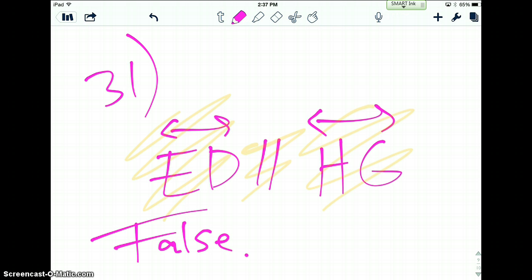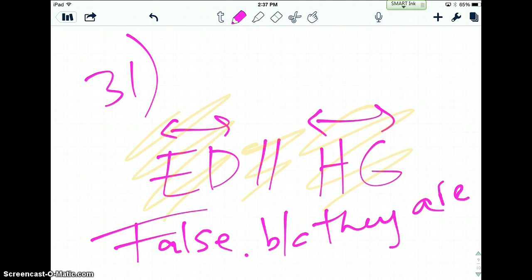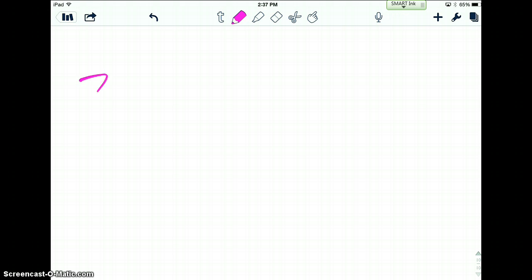So why aren't they parallel? It's a geometry word, 4 letters, starting with S, last letter W, because they are skew. They are not parallel.